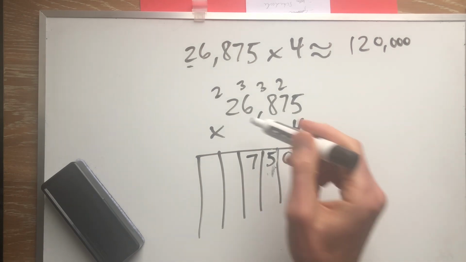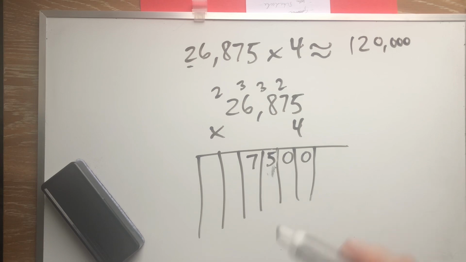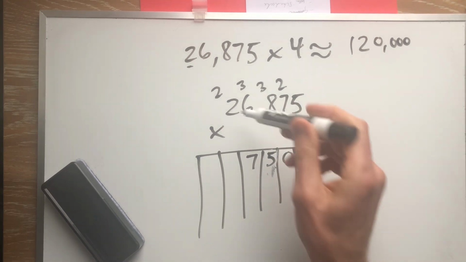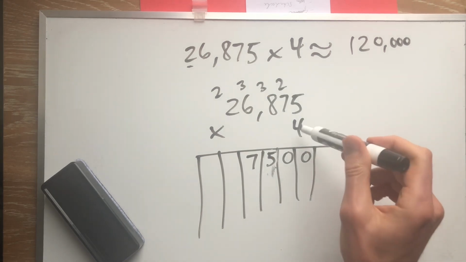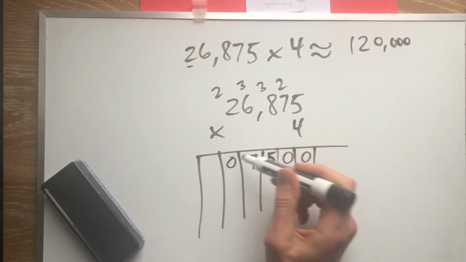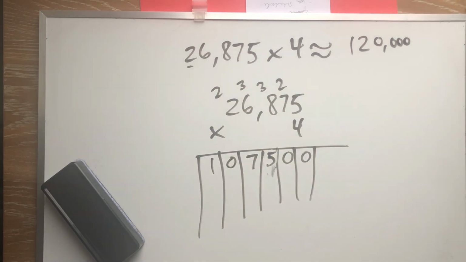Now we can multiply by the 10,000s. What's 4 times 2? How many 10,000s do we have? 4 times 2 is 8. We're going to have 8 10,000s plus 2 more. So 4 times 2 is 8, plus 2 is 10. Do I squeeze in 10? No, you don't. You put the 0 here, and the 1 goes right there.